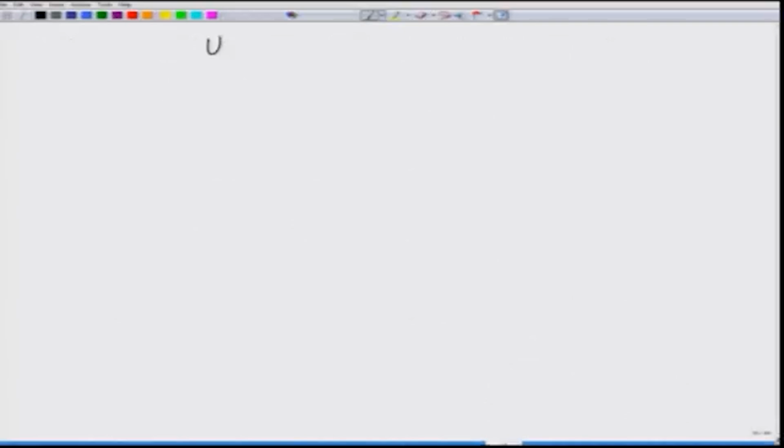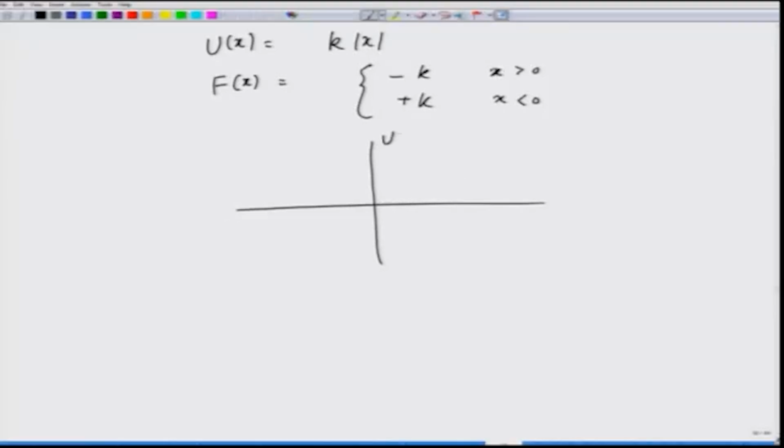You are given U(x) equals k modulus x, and the corresponding force F(x) is equal to minus k for x greater than 0 and plus k for x less than 0. If I were to plot it, let me first plot U(x). This will simply look like this. It is always positive with a slope k on this side and slope minus k on this side.